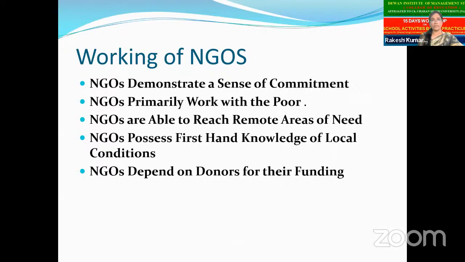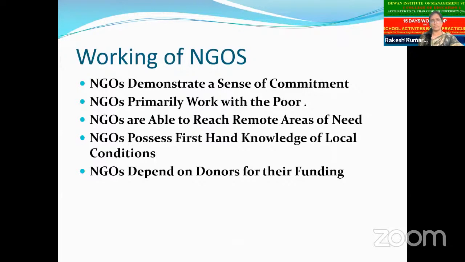And the next one is NGOs are able to reach remote areas of need. NGOs are often able to reach sections of rural populations that government either neglects or does not target as a priority.